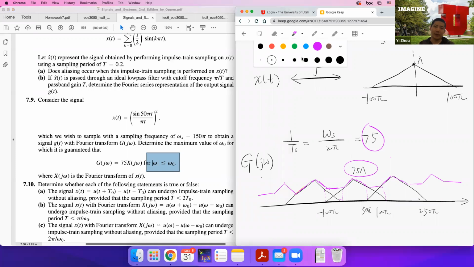If you look at the figure, the largest low pass band without distortion is this green band.